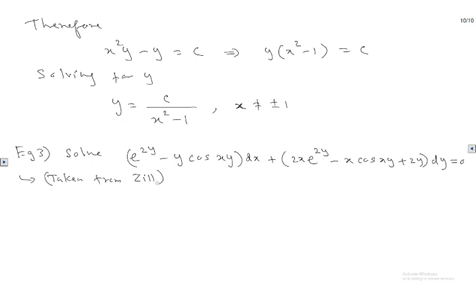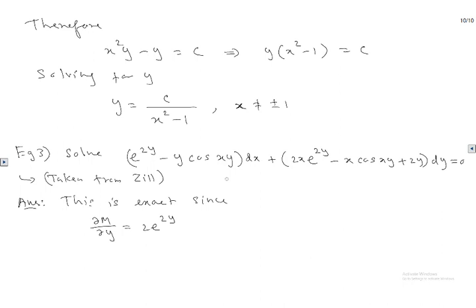Good. You can see that this is an exact equation. This is exact since, if you take the partial derivative of M with respect to y, what do you get? You will get 2e to the 2y. You can see that the second term is a product, so you have to use the product formula.